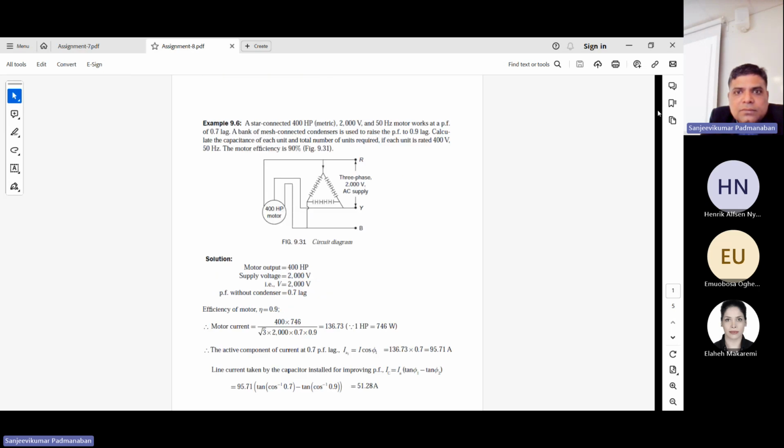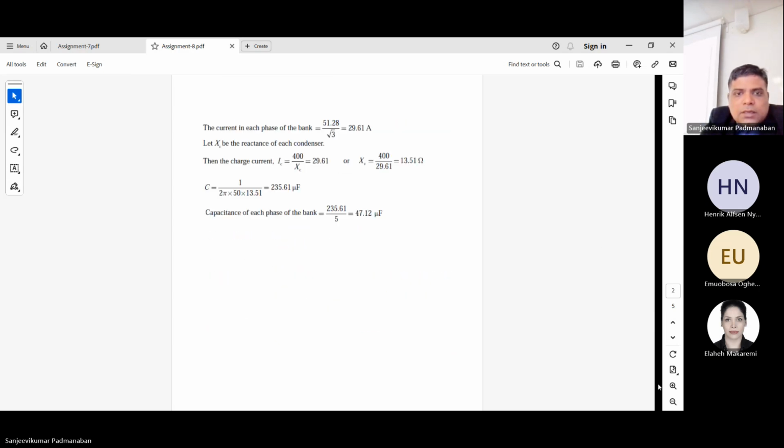See the problem. Now I want to calculate the capacitance of each phase of the bank.